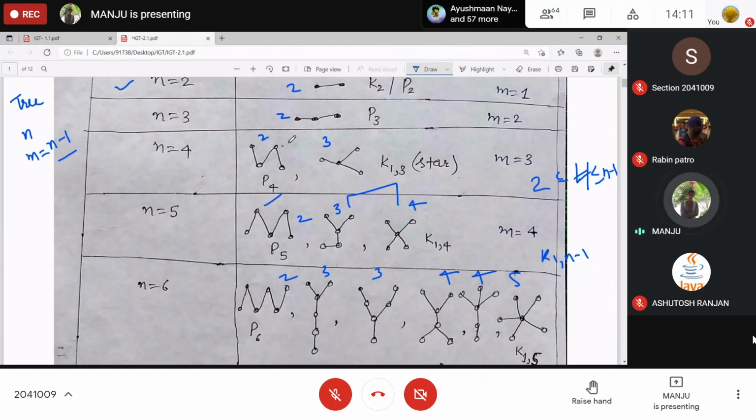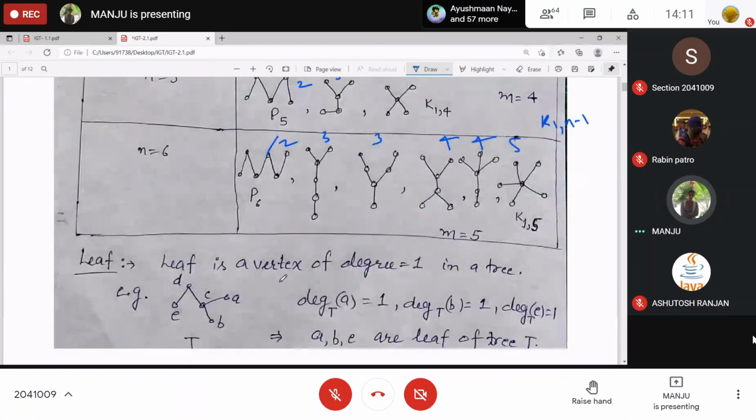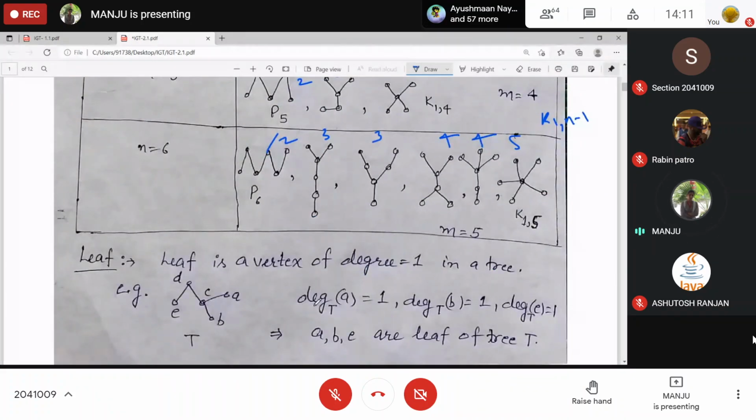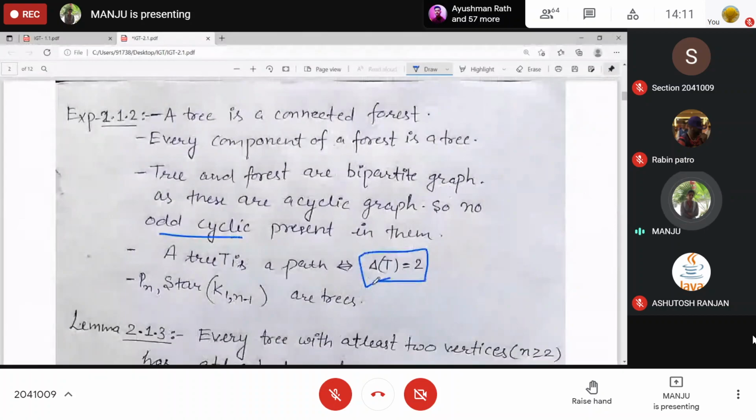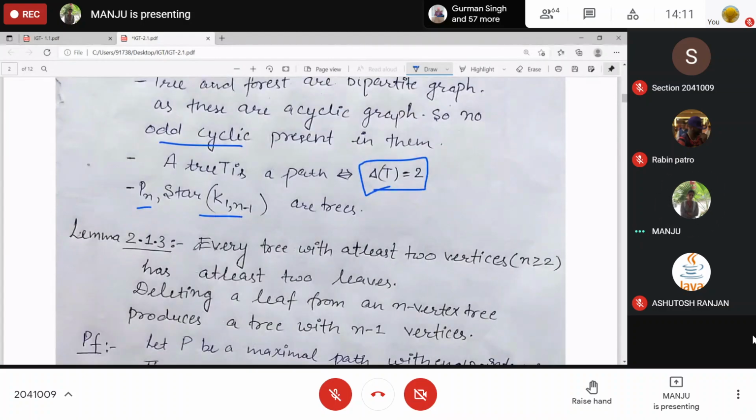In this one, the maximum degree is 2, so these are paths. Pn is a path and the star is also a tree. Pn is a bipartite graph, and the star is also a bipartite graph. Every non-trivial tree has at least 2 leaves, as I already told you.